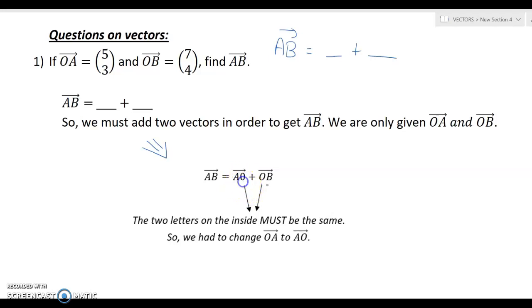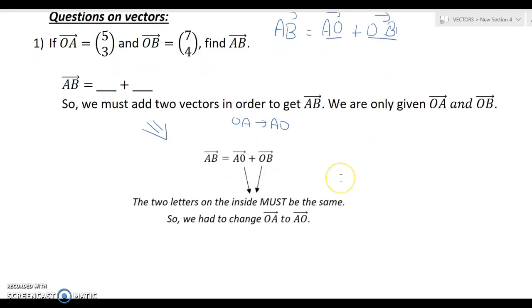In order to get these two letters to be the same, we had to change OA to AO. So again, we know we want A-something plus something-B, and we add those two to get AB, and the letters inside must be the same. In this case, we have O in common, so you could put AO plus OB. So far, that's what we have.